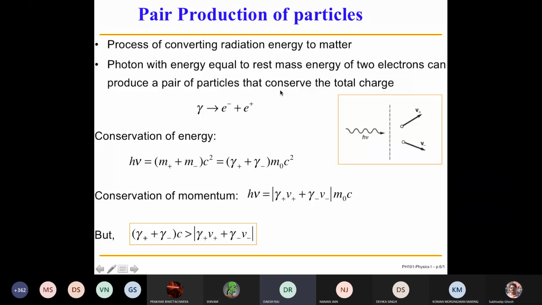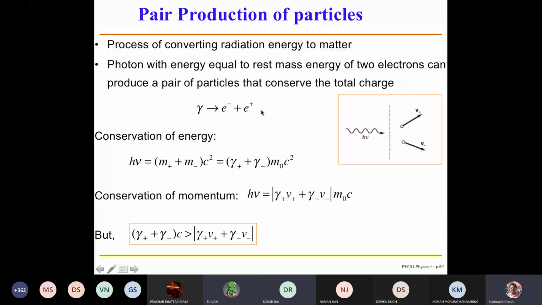All right. So what I'm saying is that one photon is producing a couple of particles. Now, why a couple of particles? Why not one particle? Because you won't have conservation of electric charge. A photon is a massless, chargeless particle, and if you produce an electron, it is a charged particle. So total charge is not conserved. So in order to conserve the total charge, you have to have a pair of particles.